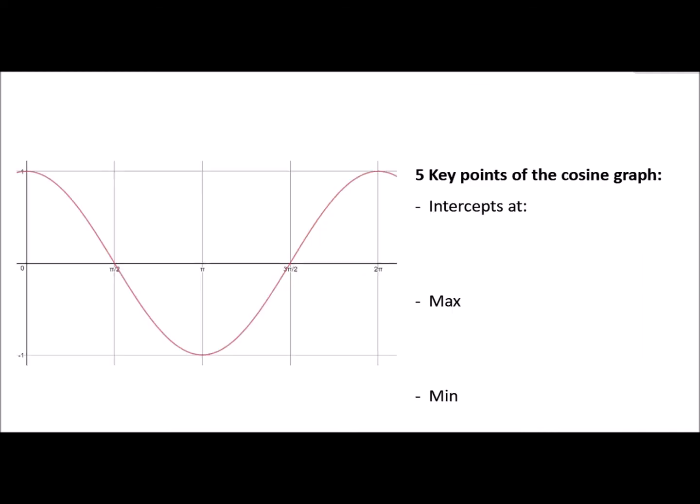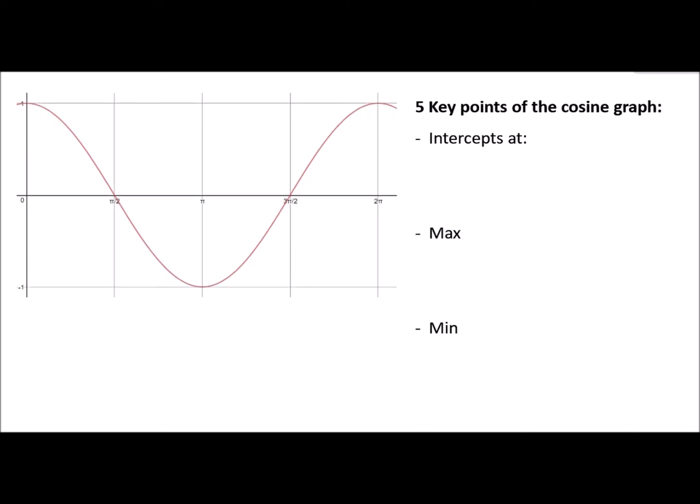Now cosine, of course, is different. This time it starts at the maximum and ends at a maximum. So at the start and the end, and the minimum is what happens in the middle. So again, here's your start, out here's your end, and this is your middle.